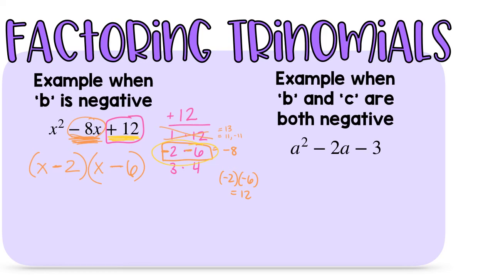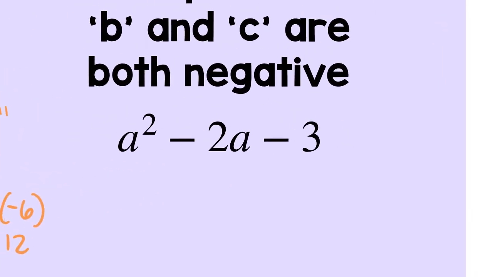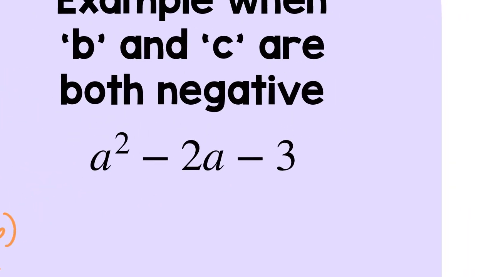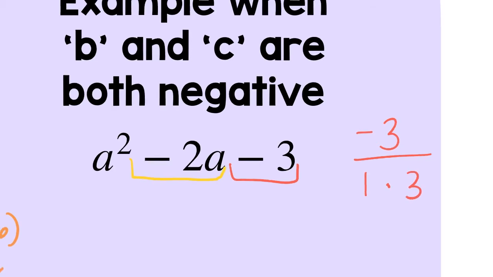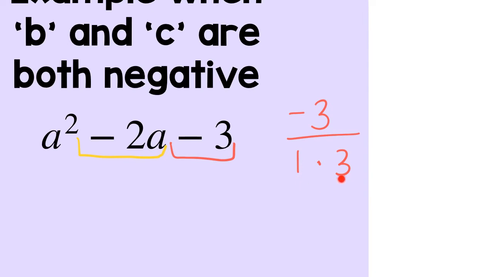Okay, so let's take a look at when both of the two numbers at the end are negative. So the middle term and the last term, these are both negative. So let's go ahead and start. Now this is an easy one to factor, right? Because -3 only has one thing that would work, 1 times 3. Now I need this to add up to a -2. So you have to think about which one of these two numbers would have to be negative if I want them to add to a -2.